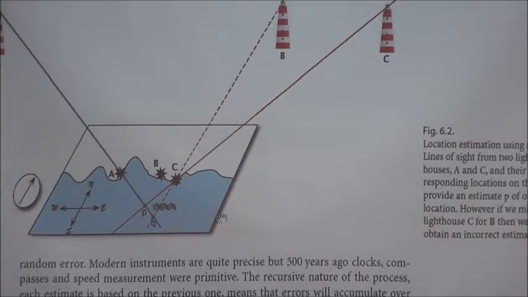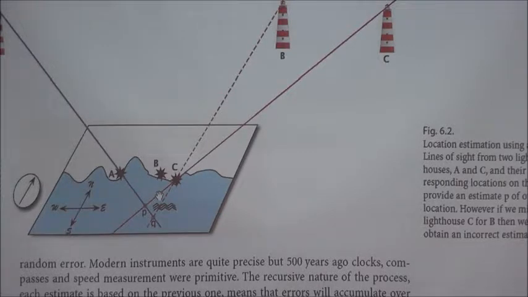If the captain sees this first and sees that first, then he would estimate that the intersection of this line of sight and this line of sight is point P, I'm going to be at position P, in the middle of the water.